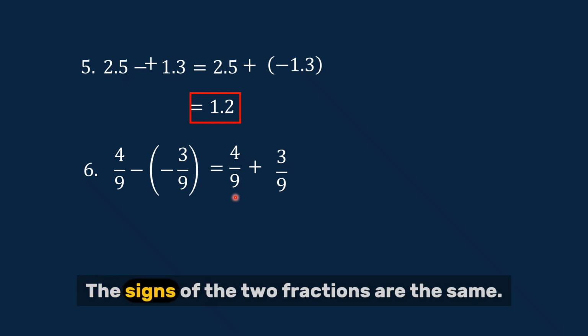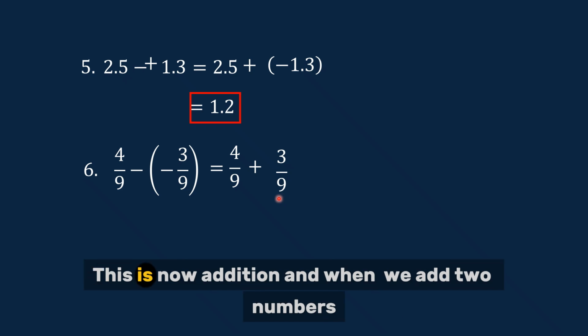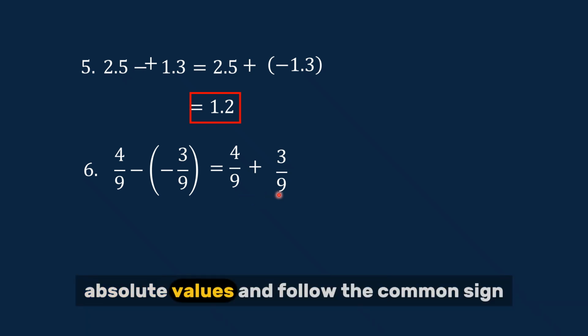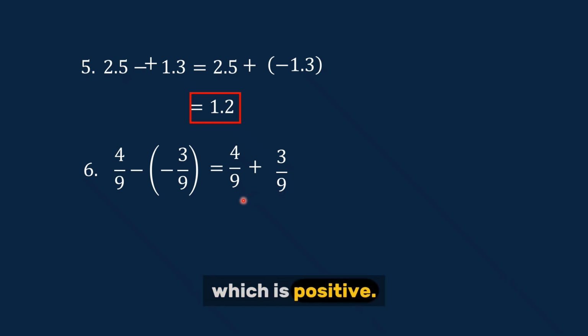The signs of the two fractions are the same. This is now addition. And when we add two numbers with the same signs, we just add their absolute values and follow the common sign, which is positive.